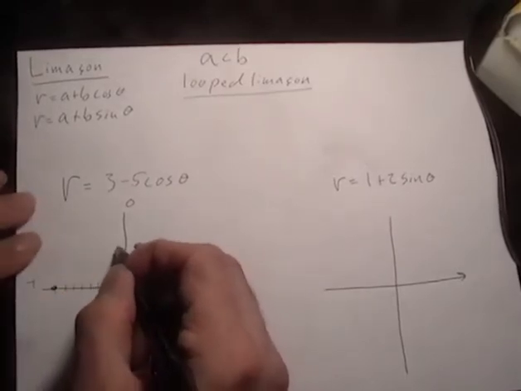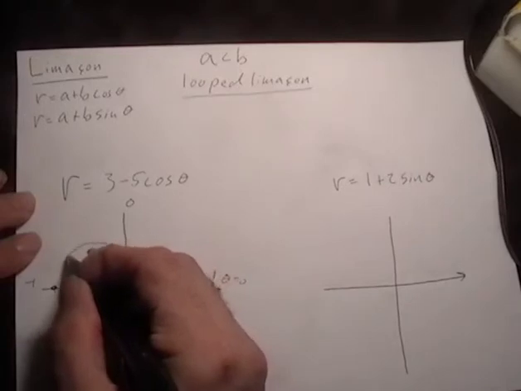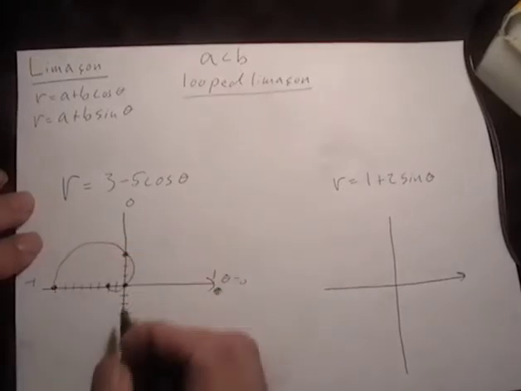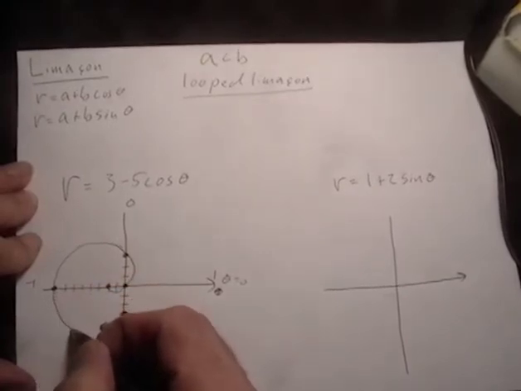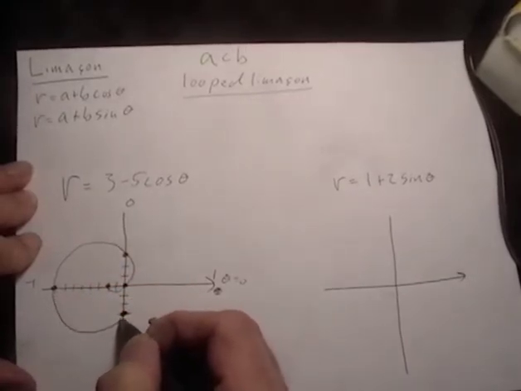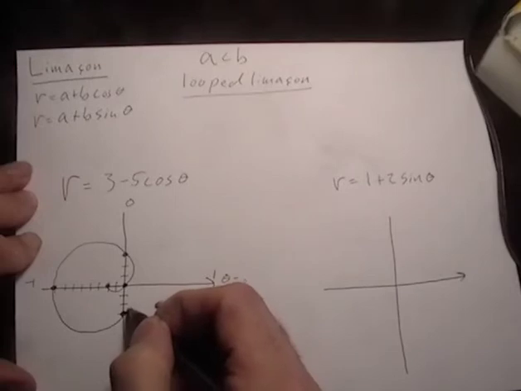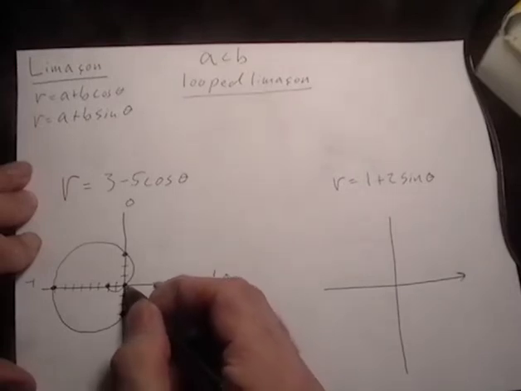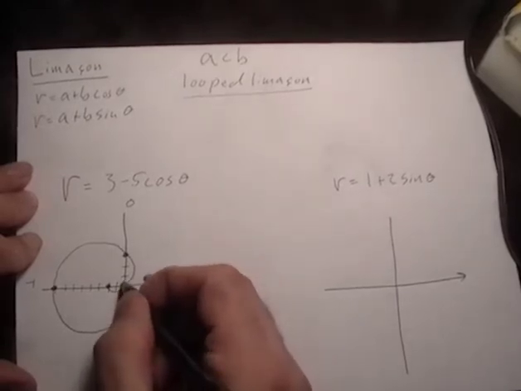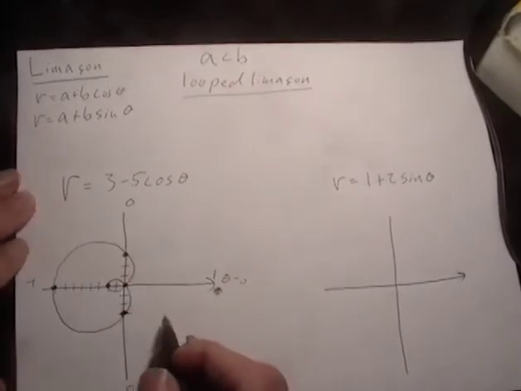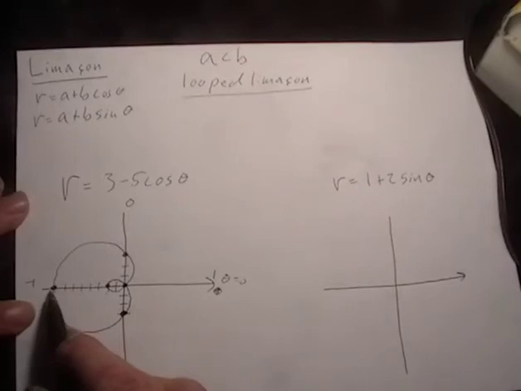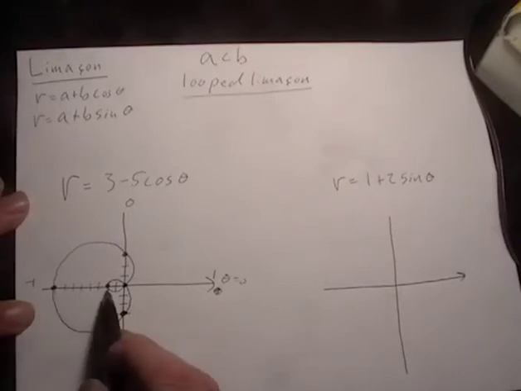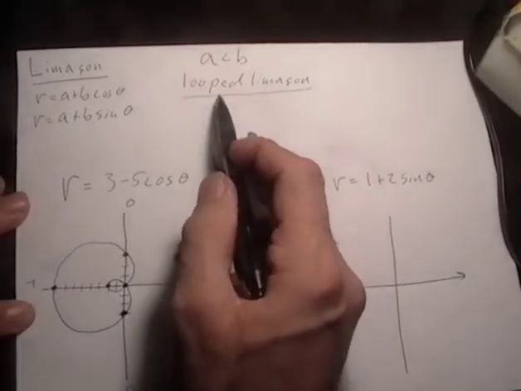R is going to continue to grow more positive until it hits r equals 8. That will be its maximum. Then it's going to start its decline back to r equals 3, back to r equals 0, back to r being a negative number. So when you have r being both positive and negative, you end up with a loop in your Limacon graph.